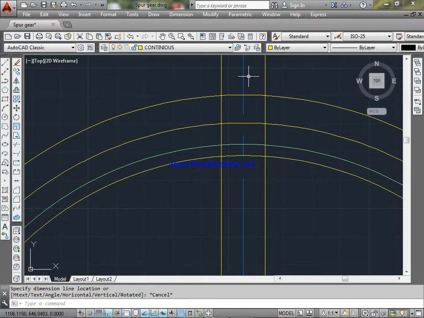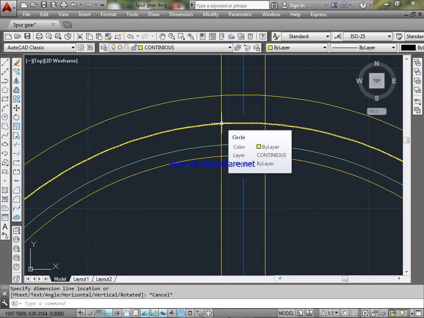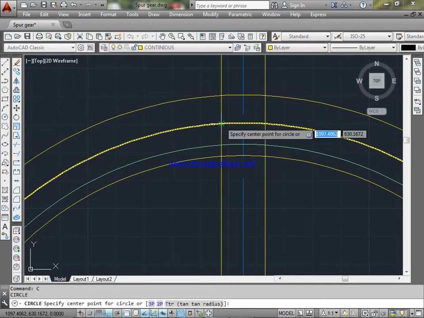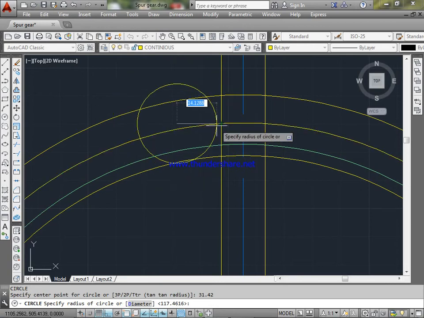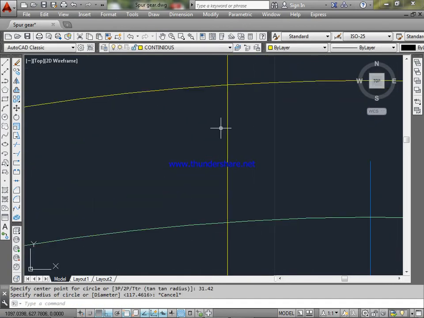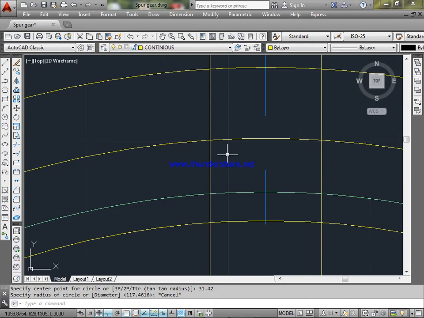From one point of the tooth thickness over the pitch circle, we take the circular pitch as a radius. Here the circular pitch is 31.42 millimeter. This is the addendum circle, dedendum circle, base circle, and the pitch circle.